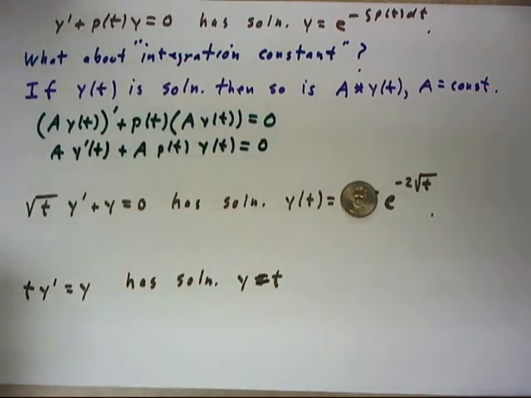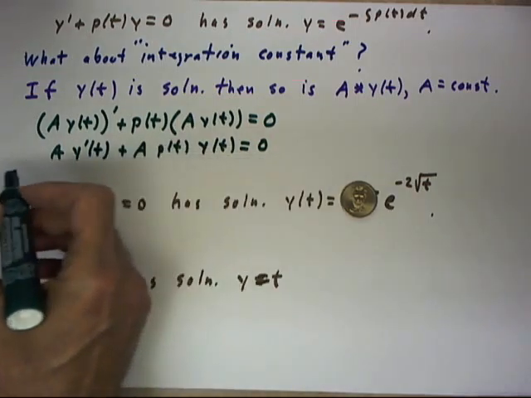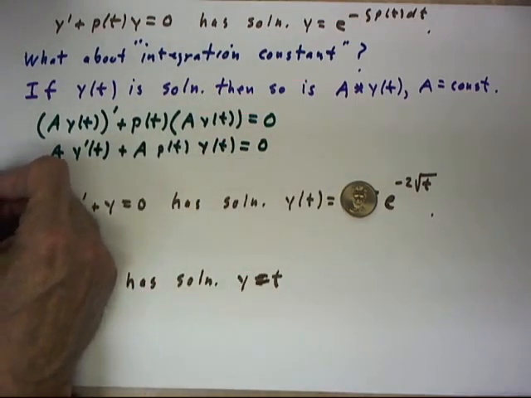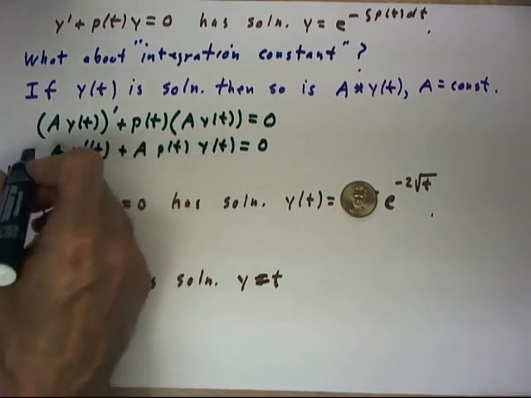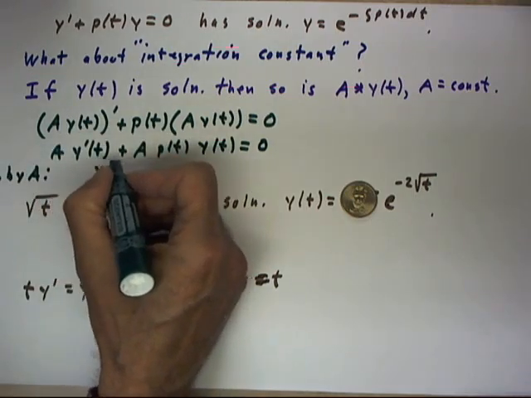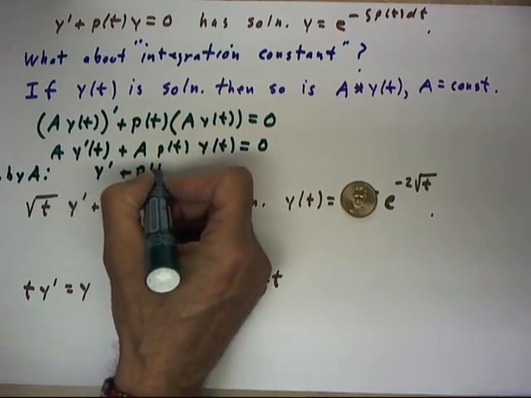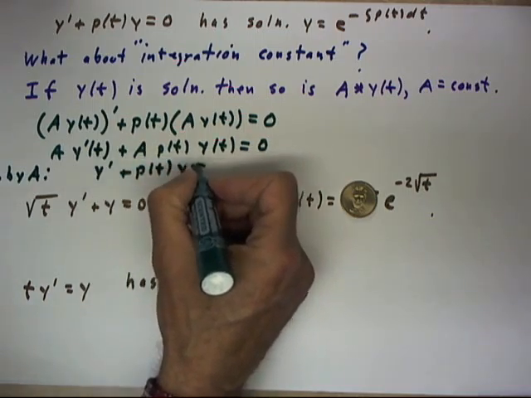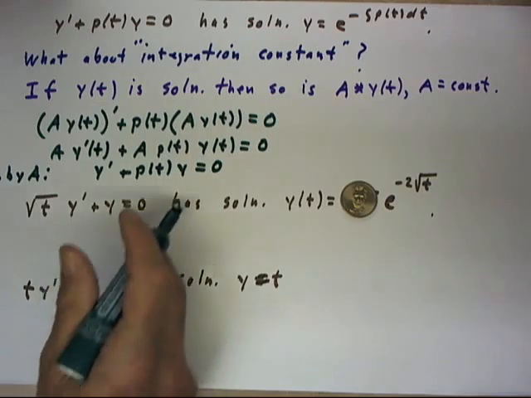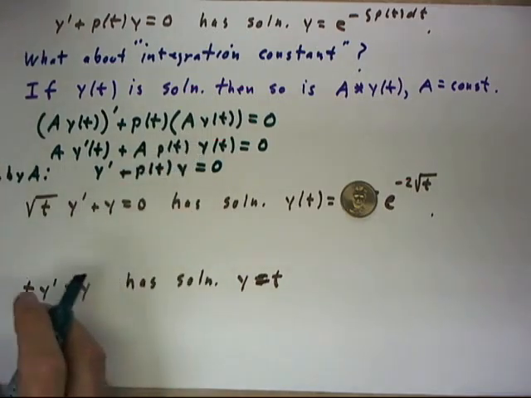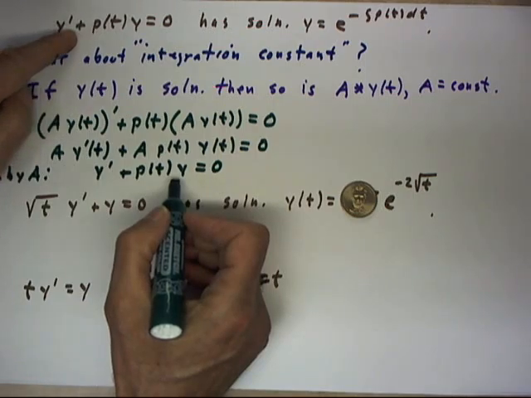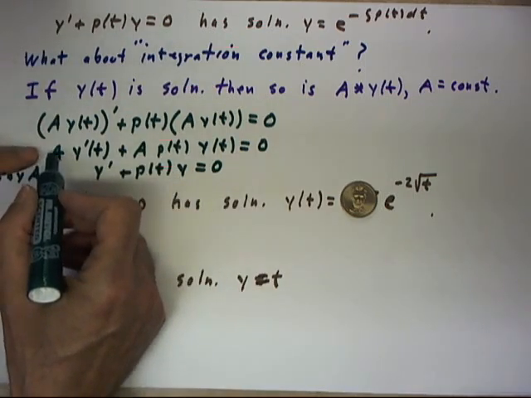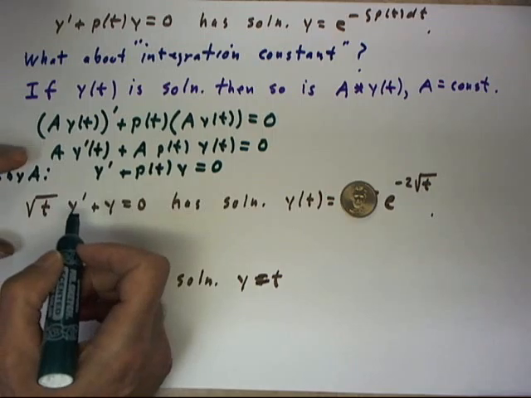Then a being a constant, we can simply divide it out. If we divide through by a, we get y prime plus p of t y equals 0, which is our original equation. And if y is a solution to this equation, then so was a times the y function.